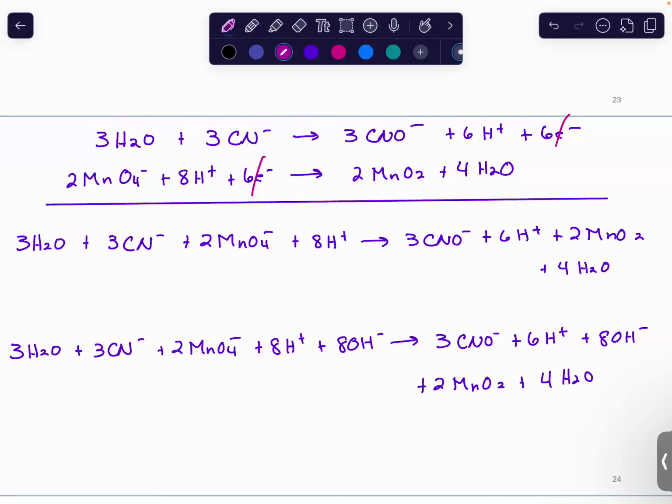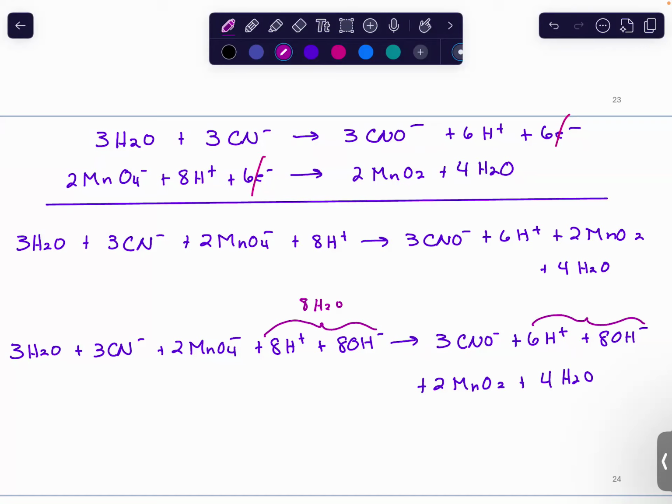Okay, now let's look. Those 8 protons and 8 hydroxides will give me what? Now 0. Not 16. Yep, 8 waters.